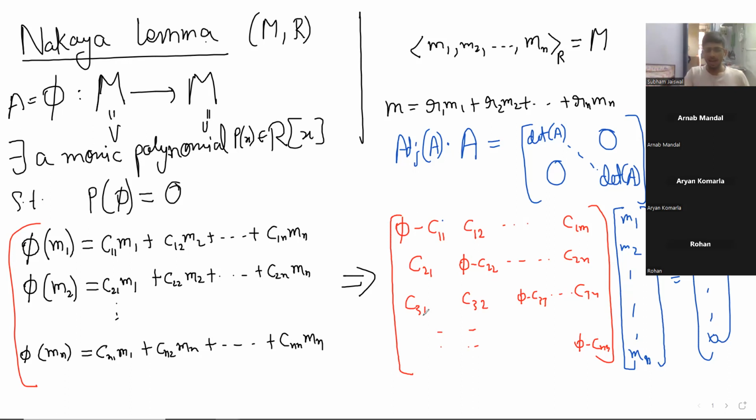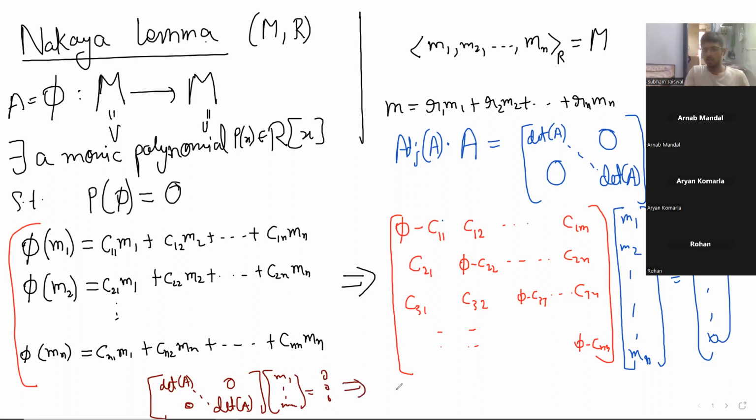So you multiply by the adjoint matrix, and then we are right on the same page. You will get determinant of A times m1 up to mn equals 0, right?